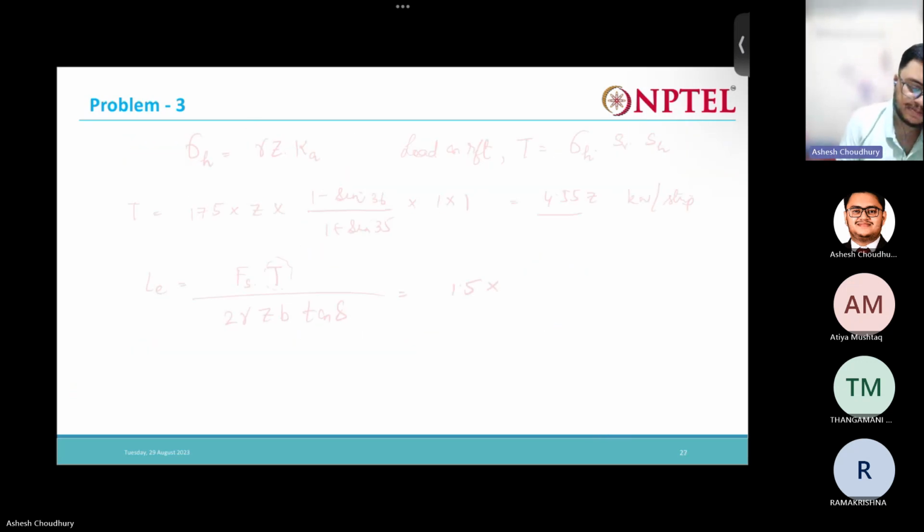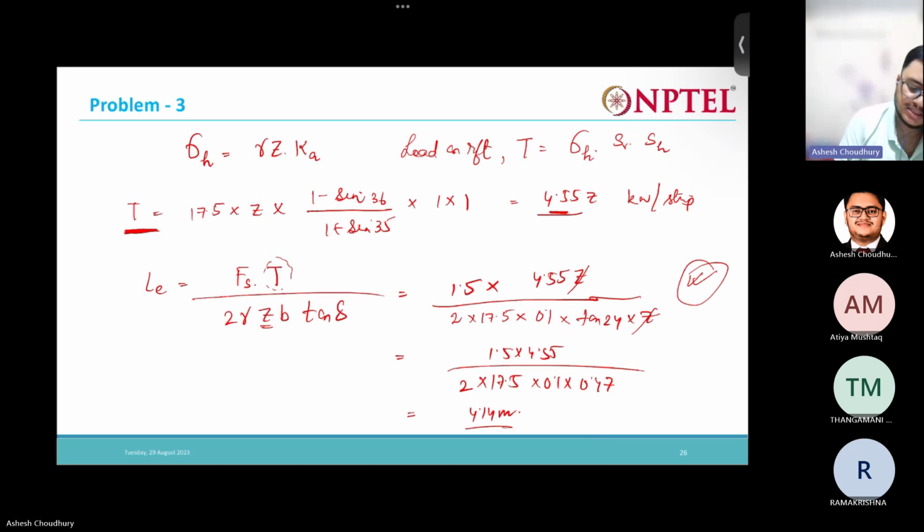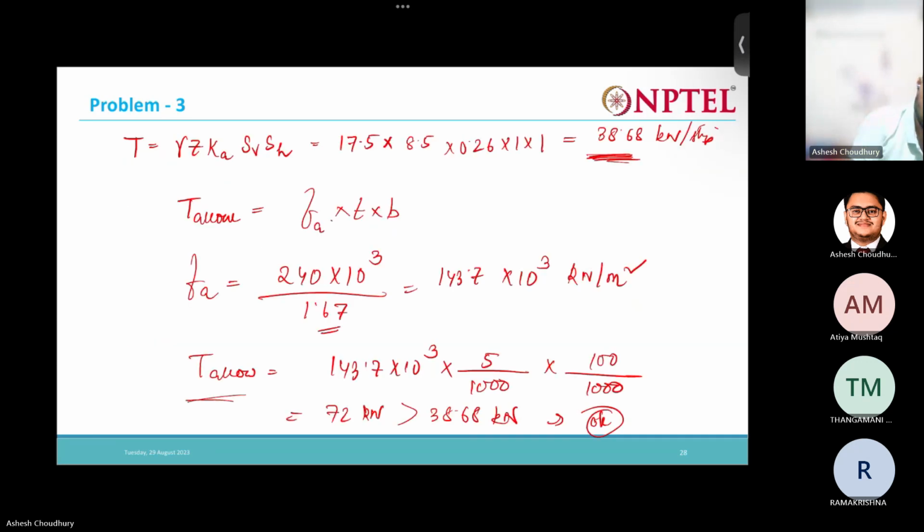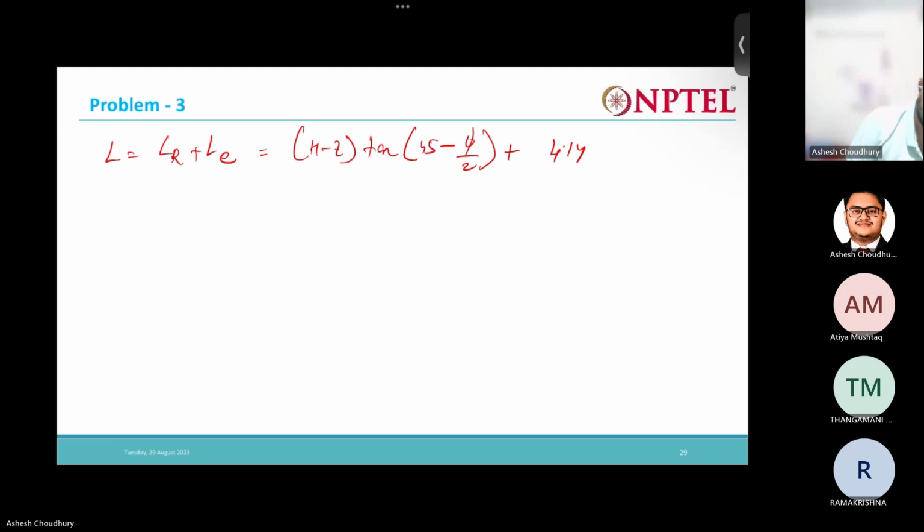LE is independent of depth in our case, and it comes out as 4.14 meters. Now from this expression, H is 9 meters, so for each Z we can determine the total length. You can do this by yourself and then calculate the total length.